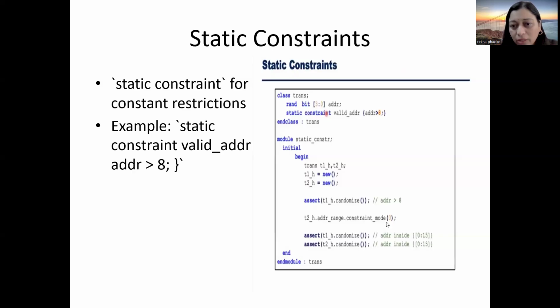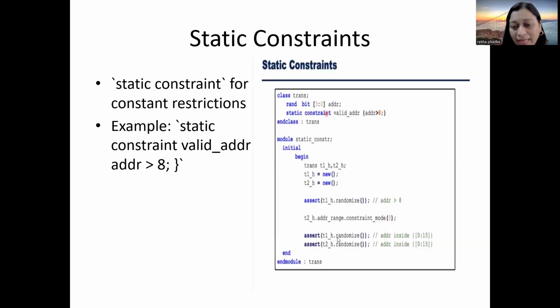See, I've turned the mode to 0 here. So this has no constraint. It's not turned off for T1. The randomize will work on T1_H, but here the constraint_mode, I've made it 0.